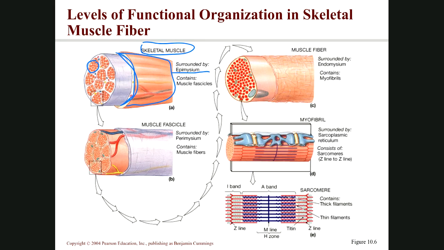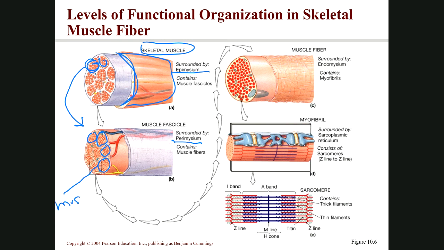So now we're going to pull one of these fascicles and take a look at it. Fascicles bundle individual muscle cells. So each one of these larger circles inside this fascicle is a muscle cell. These muscle cells are bundled together in the fascicle by a connective tissue membrane called the perimysium.